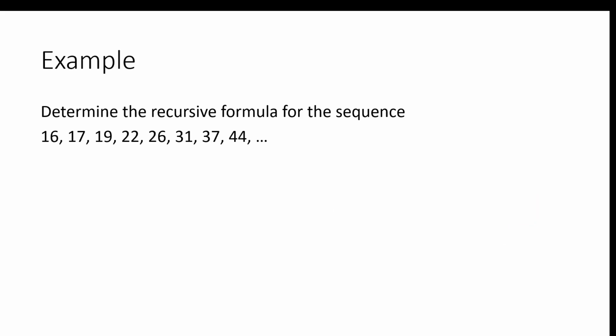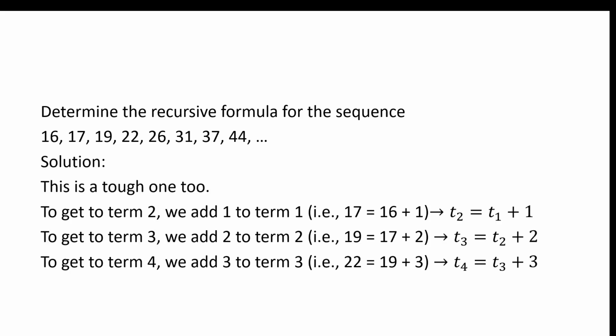Now how about if we're given this sequence here? This is actually pretty interesting. To get term 2 is equal to term 1 plus 1. Okay? But then term 3, which is 19, is equal to term 2 plus 2.